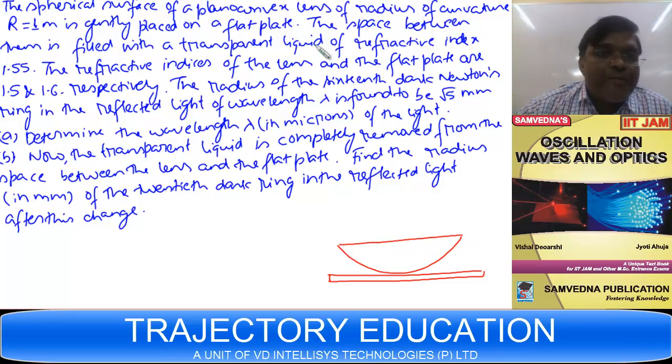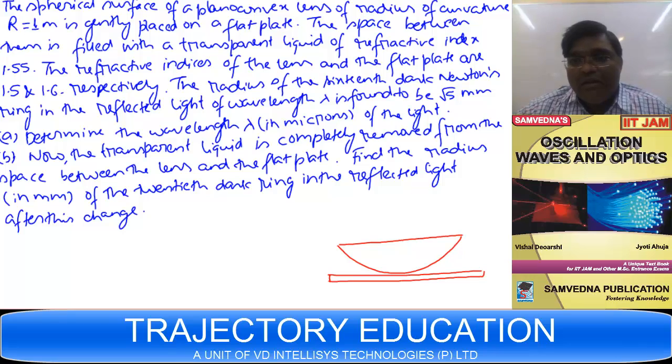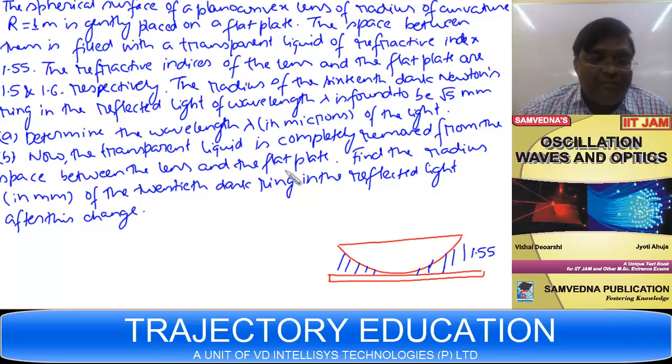Now the space between this flat plate and the lens, we are filling it up with a transparent liquid of refractive index 1.55, and the refractive indices of the lens and plate are 1.5 and 1.6. This is exactly the same case which I discussed in the previous lecture.